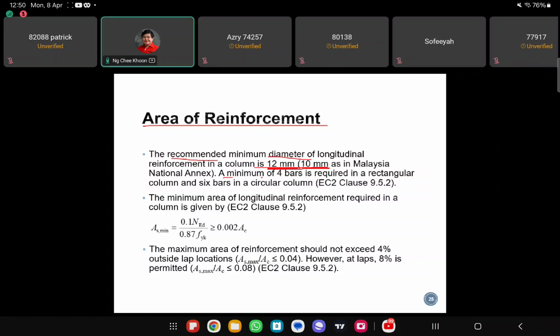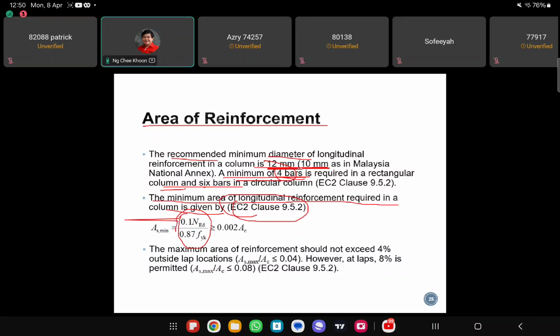Okay, and then as I mentioned before, the minimum is 4 bars in a rectangular column, and 6 bars in a circular column. So please remember this. Later on, when you design a column, don't give me 2 bars or 3 bars. You must at least have 4 bars at the 4 corners, right? And then the minimum area of longitudinal reinforcement required in the column is given by this expression here, from EC2 clause.